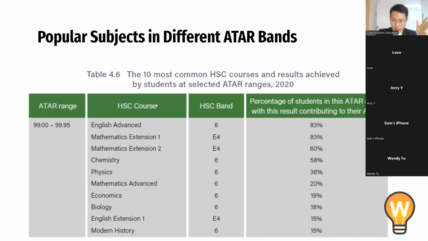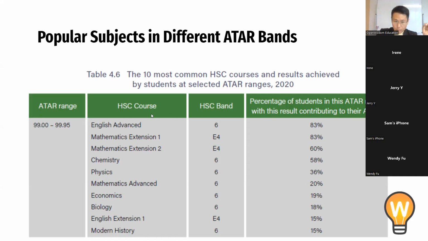So if we look at this table from 2020, it shows the subjects that a typical student who achieved an ATAR of 99 to 99.95 picked.